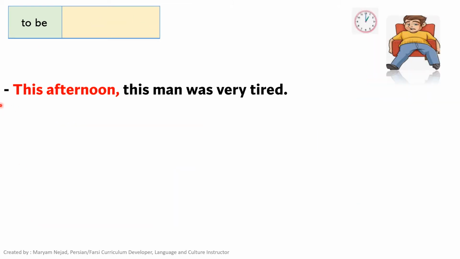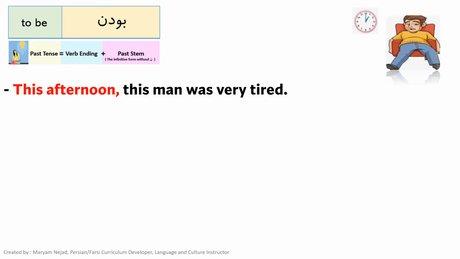Let's take a look at the next example. This afternoon, this man was very tired. So this example is pretty easy, right? What's the verb? The verb is was, which comes from the infinitive to be, and the infinitive to be in Farsi is بودن. And then was is in past tense.